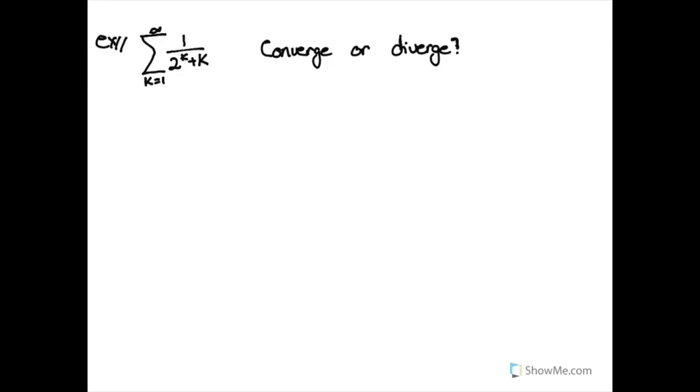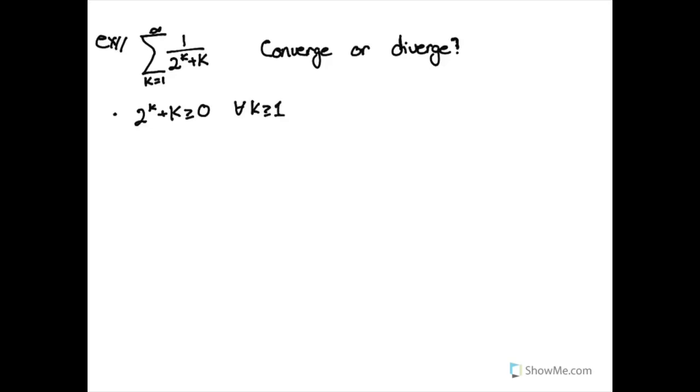So the first thing we need to do is see if the series is positive, because the comparison test only applies to positive series, right? This is a fraction, and both the numerator and the denominator are positive, because 2 to the k plus k is greater than or equal to 0 for all k greater than or equal to 1, right?